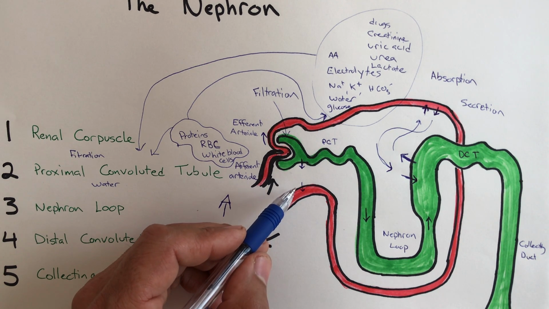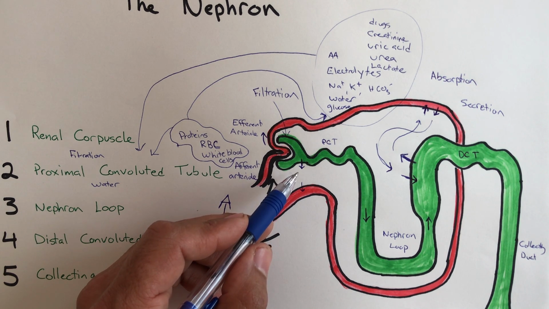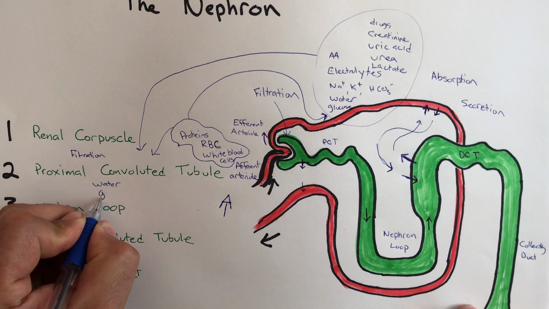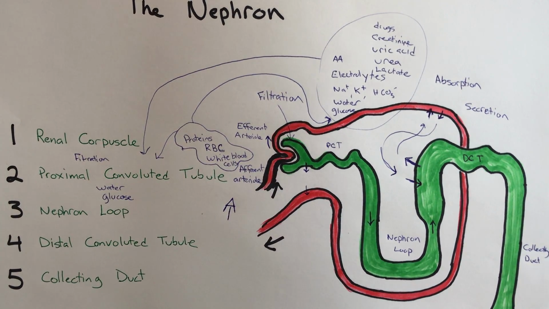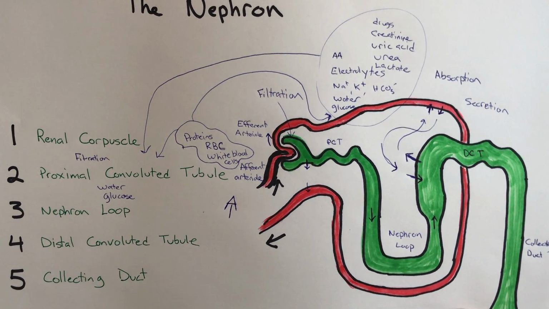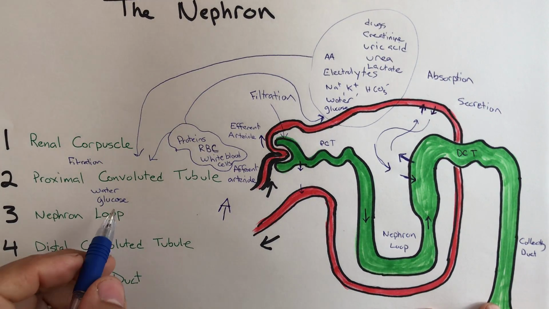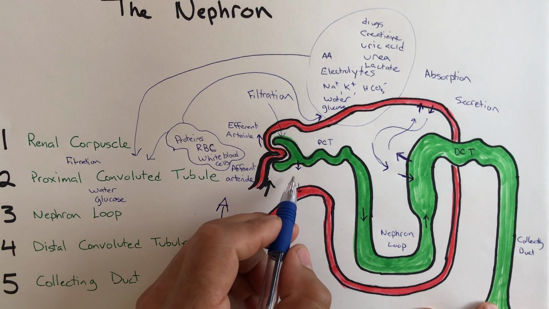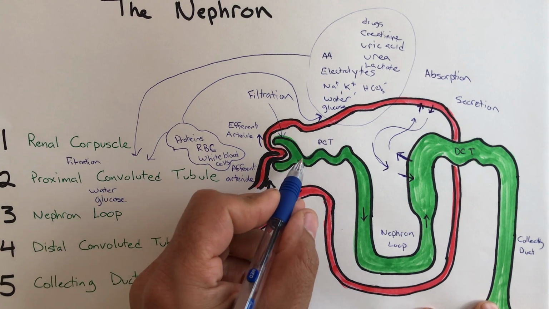We have sodium and potassium that is reabsorbed. And we have amino acids. Glucose also is reabsorbed. Glucose is small enough so it gets through, but it's very important to remember that all of the glucose gets reabsorbed back into the bloodstream.